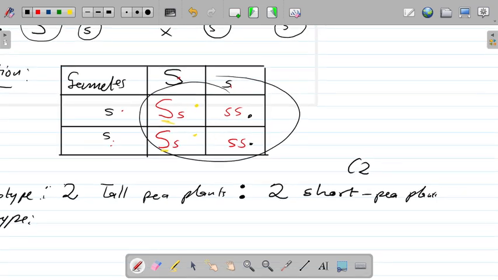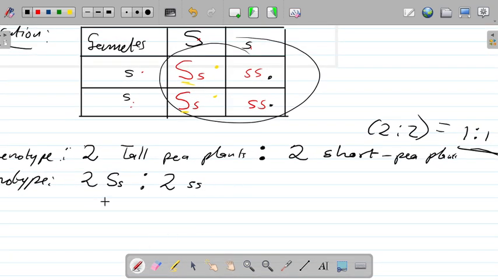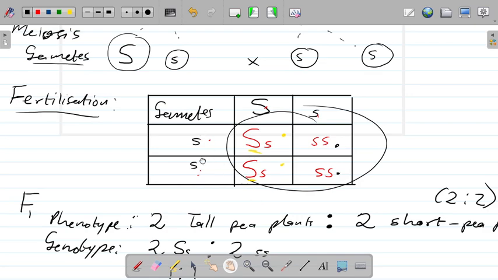It is 2 is to 2, which is the same as 1 is to 1. You must simplify your ratios as well. When we move to the genotypic ratio, it's actually the same. We'll have 2 of them having this genotype, and 2 of them having this genotype, small s. So that means the genotypic ratio is actually 1 is to 1 as well. That's how you answer this question.